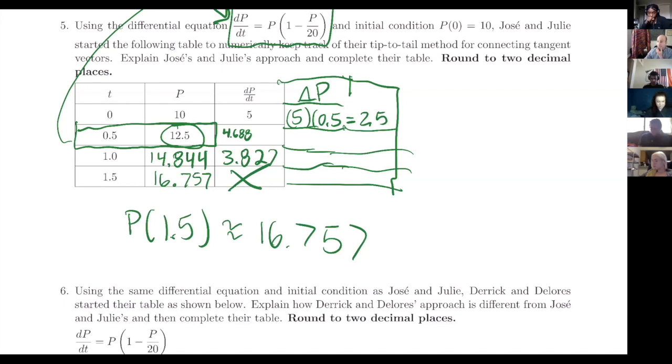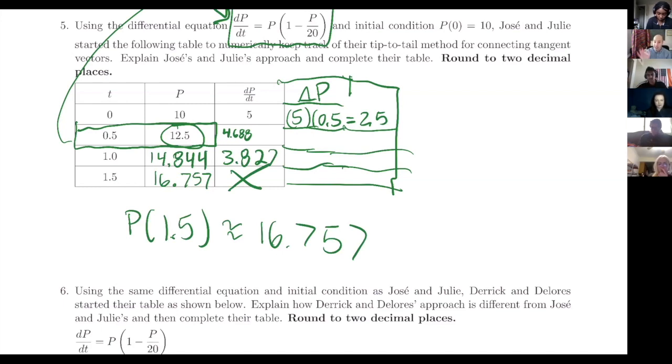Professor, I actually don't see how you got 14.8. Wouldn't you add the 4.69 if you're rounding? Oh, yes, do I have a mistake here? Should we be adding 4.688 to the 12.5? No, I'm sorry, I think this is okay. Yeah, I think you divide it by 2, right? That's right.